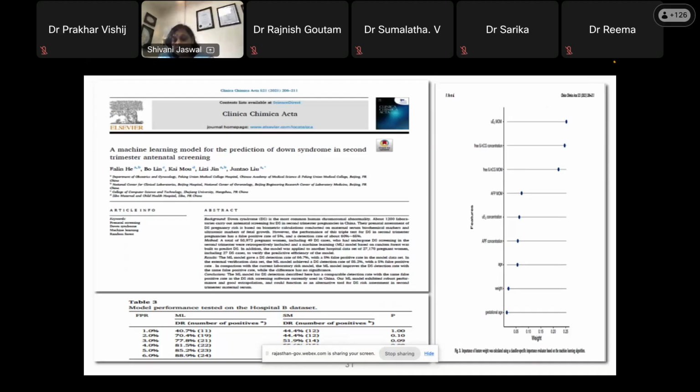So you first train the machine, then you give test data, and then you validate whether what the machine or the tool has predicted is correct or not. The detection rate was found to be 85.2% as compared to the traditional risk prediction, which came out to be only 63%. So this tool was found to be more effective than the traditional scoring systems.